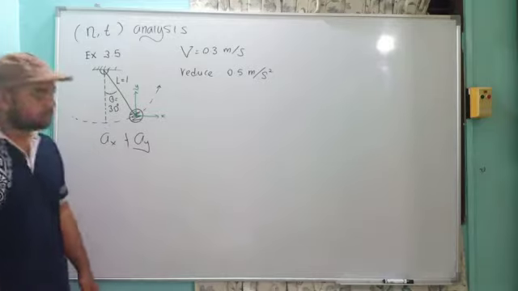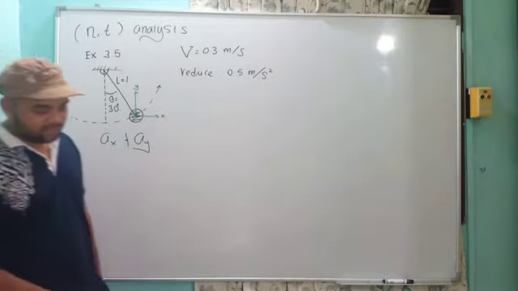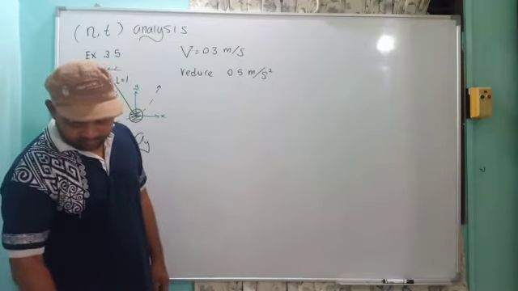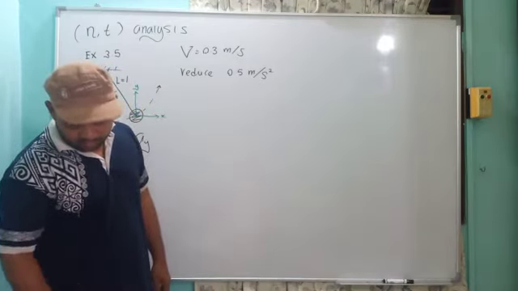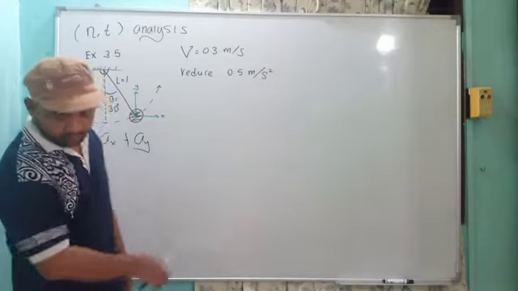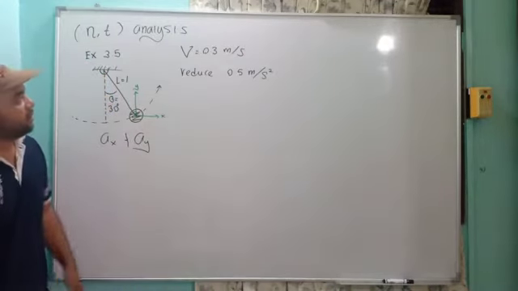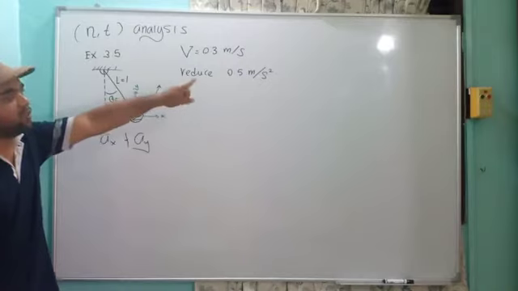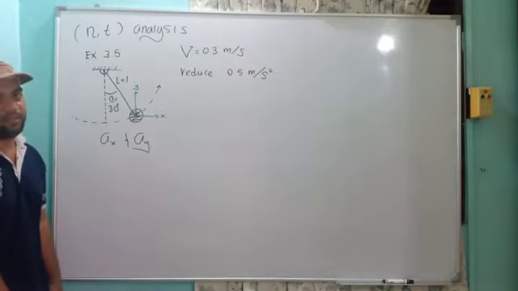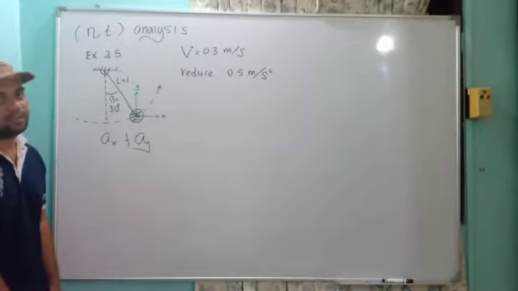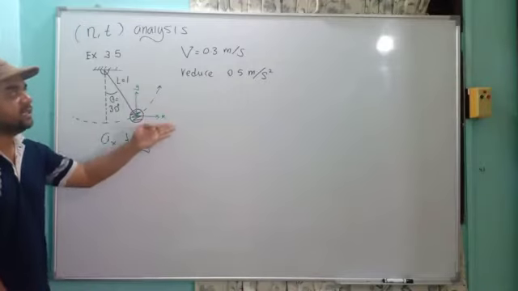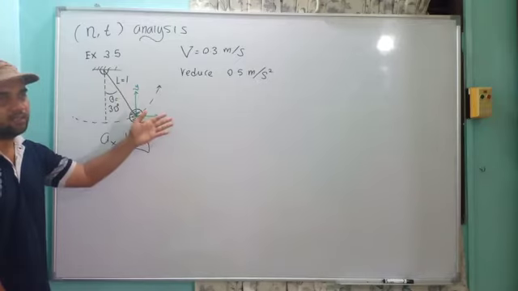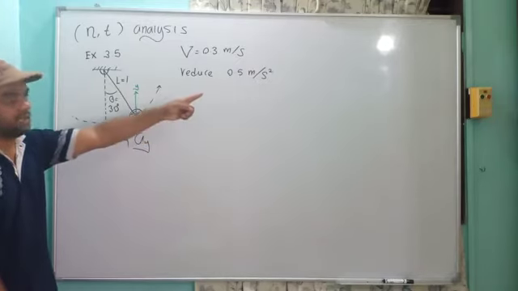Some information that you can use now from this equation: we have the V and reduced at 0.5 meter per second squared. So what is it? This is the rate of change of velocity, so we are talking about acceleration.